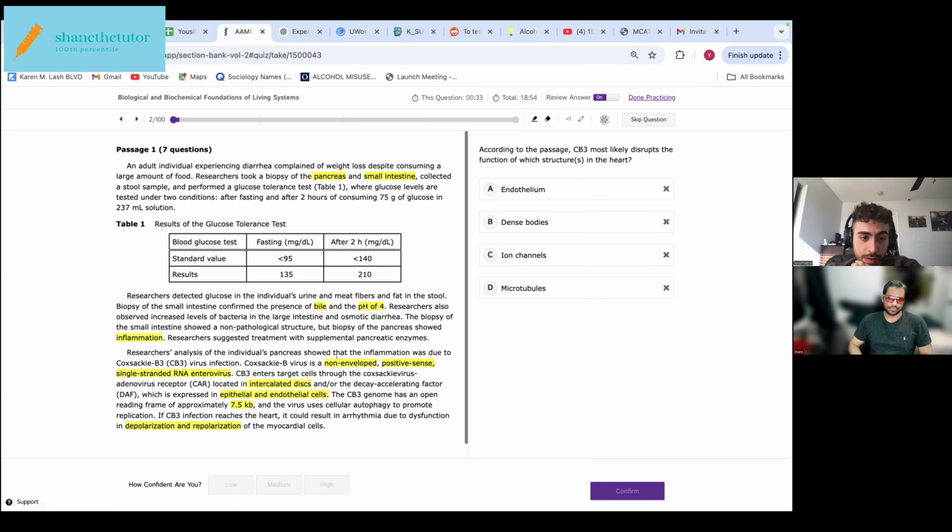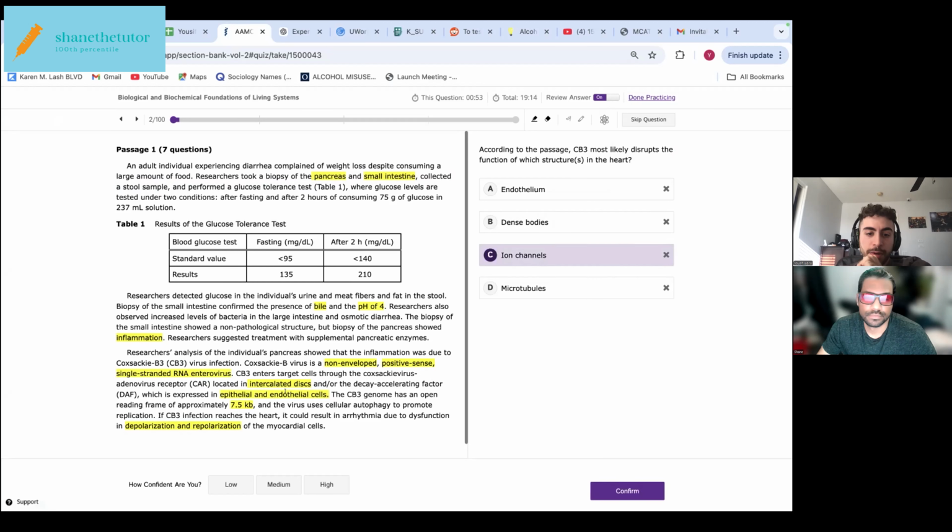When we're talking about depolarization, we're talking about either voltage-gated or ion channels. So I feel like I have to do something with ion channels. Very good.